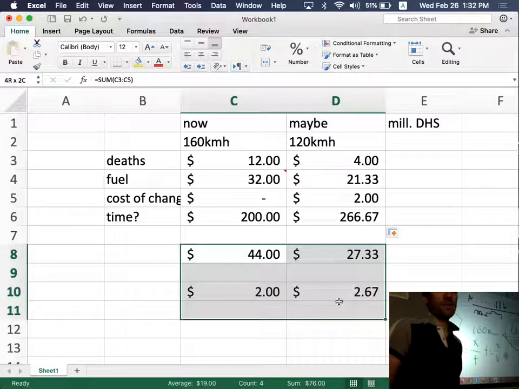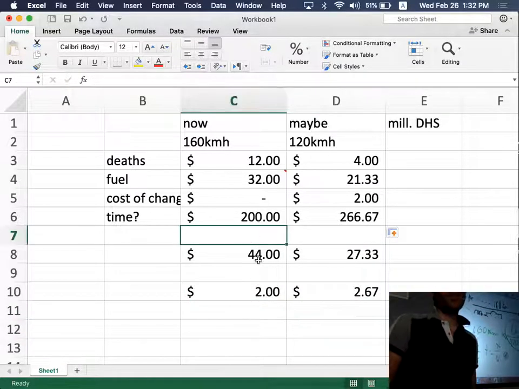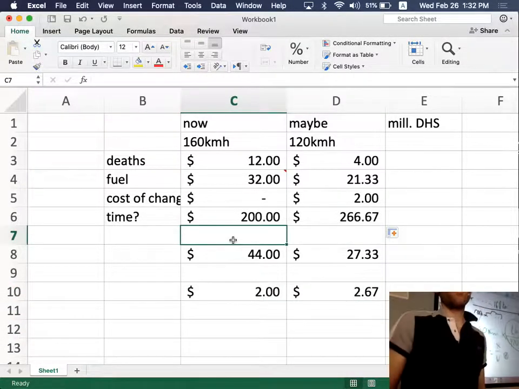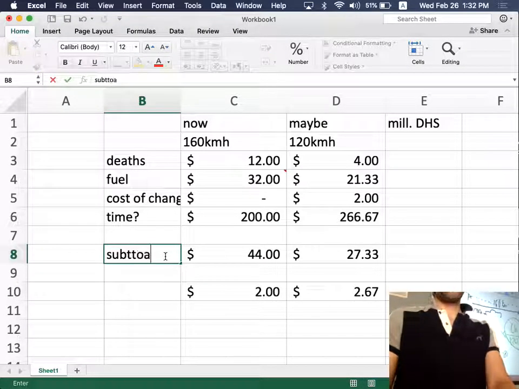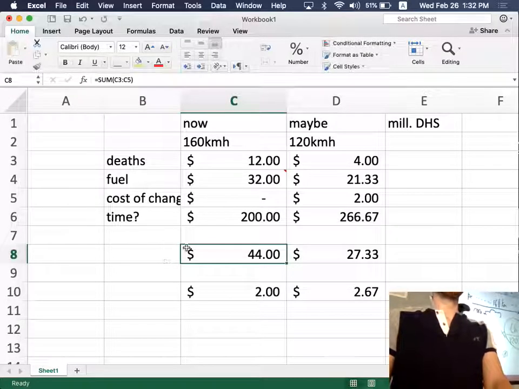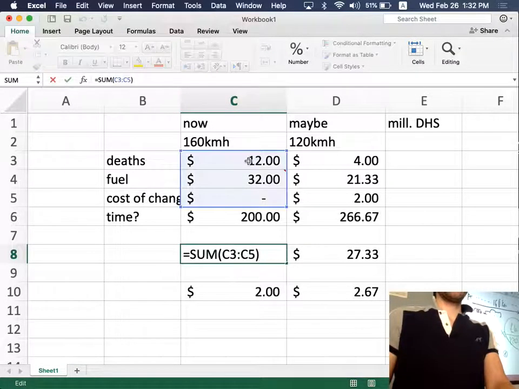Correct? What is the new subtotal? I'm going to calculate the new total now. So it's going to be something like this.